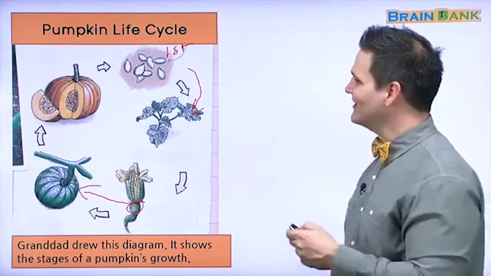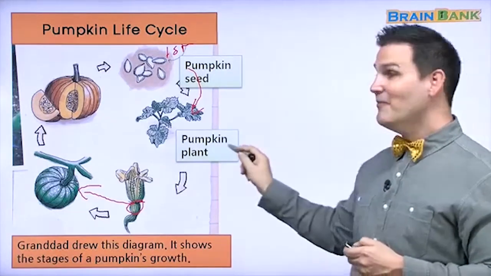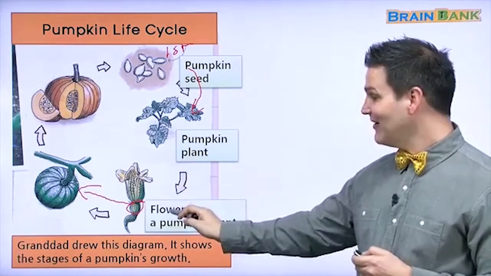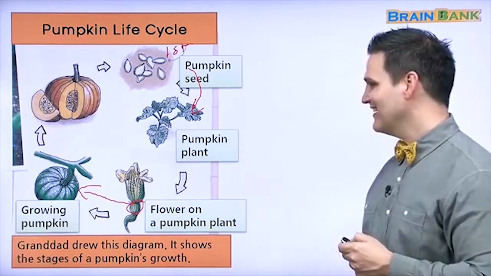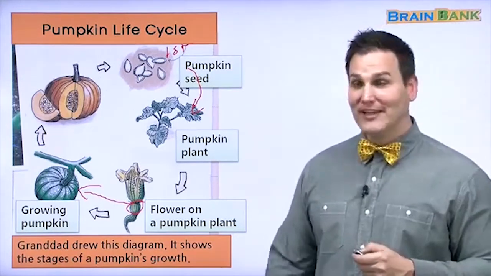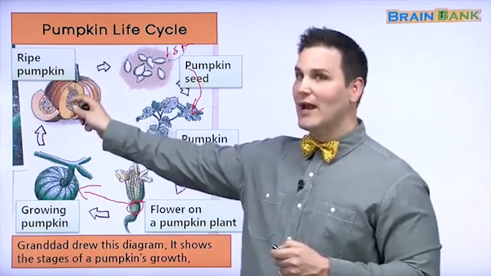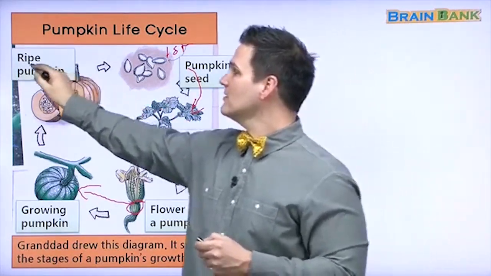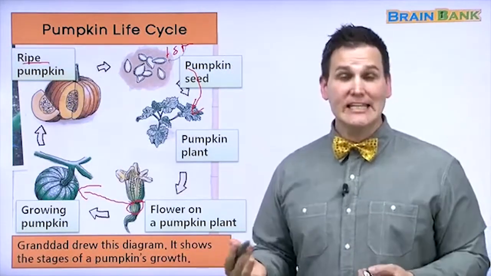Let's see if we're correct. Pumpkin seeds, pumpkin plant, flower on a pumpkin, very good. A growing pumpkin, it's green, and finally a ripe pumpkin. Now this pumpkin means, ripe means it's able to be eaten.